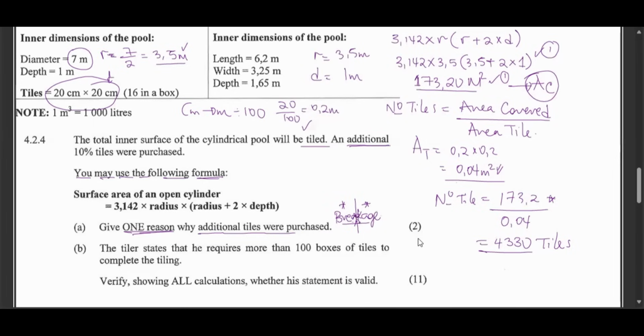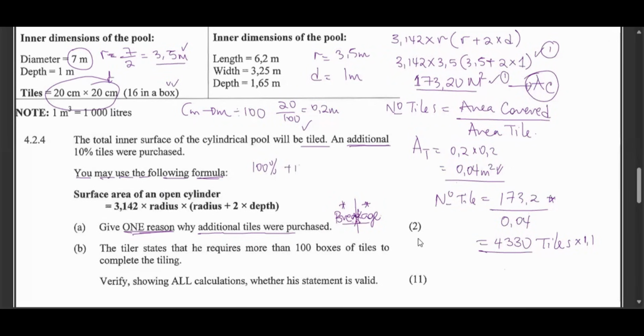So these are tiles. But remember, the tiles are not bought one by one. They are bought in boxes of 16. But before we look at 16, the person says an addition of 10% was purchased. That means the number of tiles is going to increase by 10%, whereby we multiply by 1,1. How do we get the 1,1? Before the increment, the tiles are at 100%.